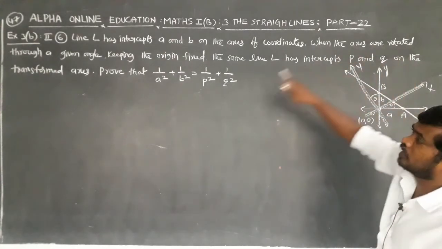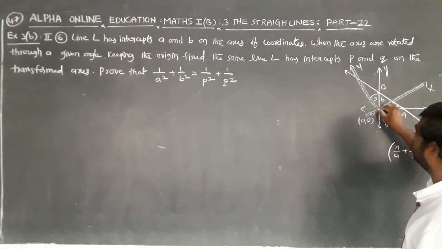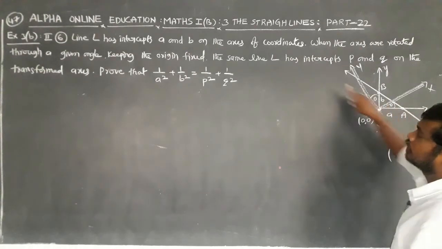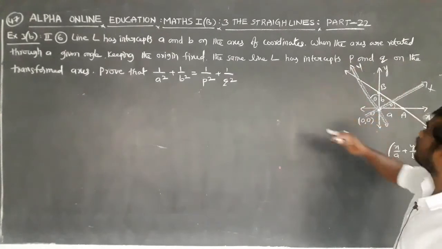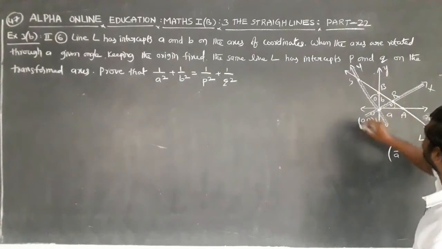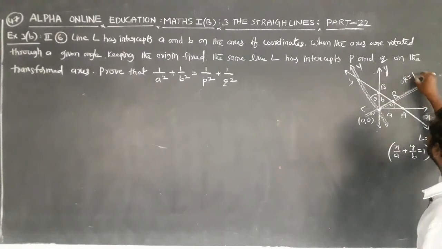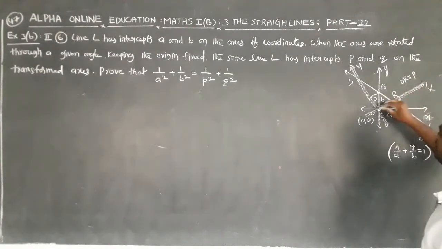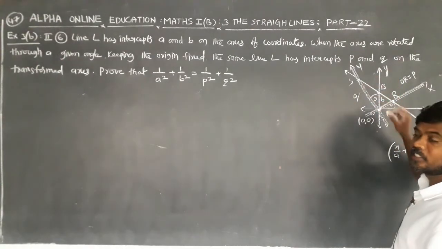When the axes are rotated through a given angle, keeping the origin fixed, the same line L has intercepts P and Q on the transformed axes. The line meets the new axes at R and S. Here OR is equal to P, this is the x-intercept, and OS is equal to Q, this is the y-intercept.